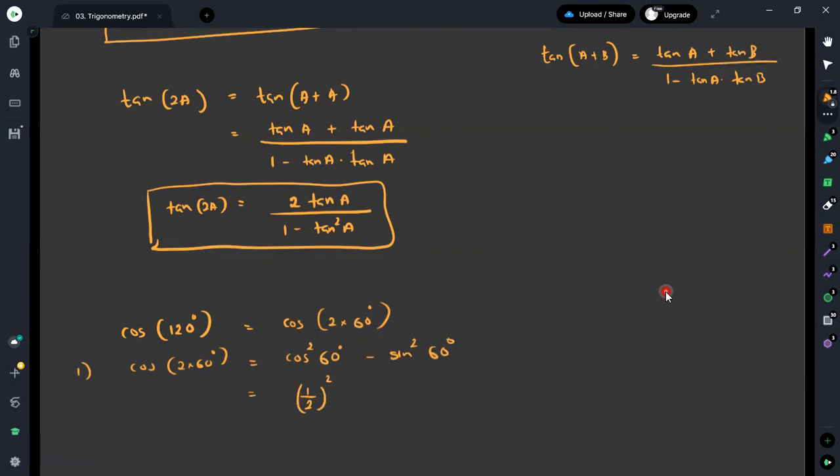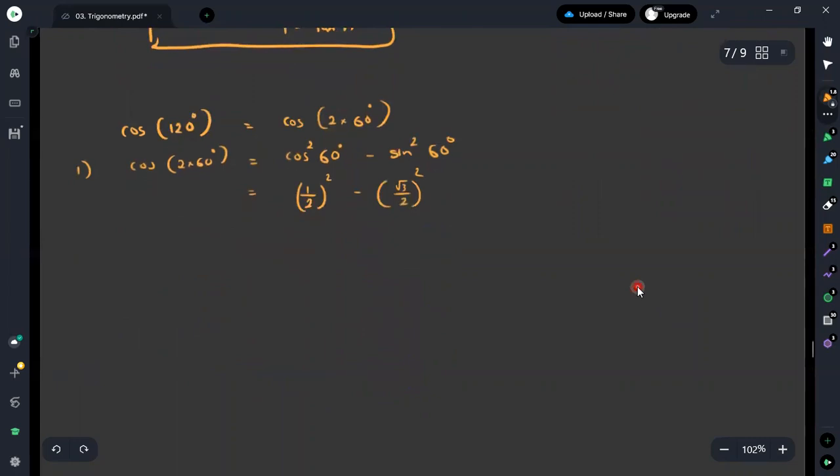Then minus sine 60 degrees, which is equal to root 3 over 2, its square term is used. Then we'll get 1/4 minus 3/4. Therefore, the value is equal to minus 2/4, which equals minus half. Therefore, the value of cosine 120 degrees is equal to minus half.